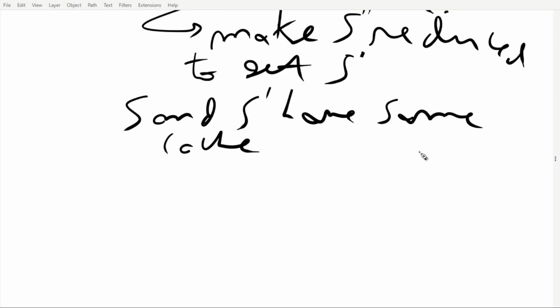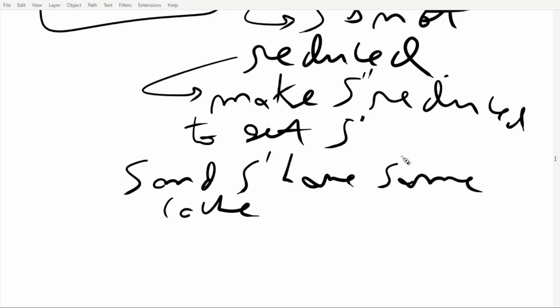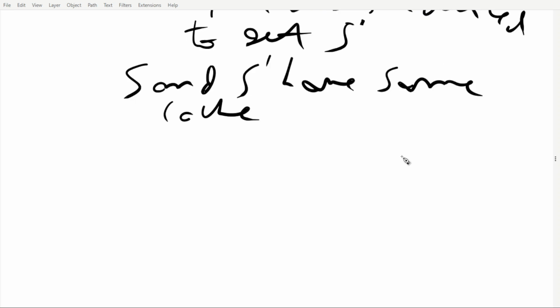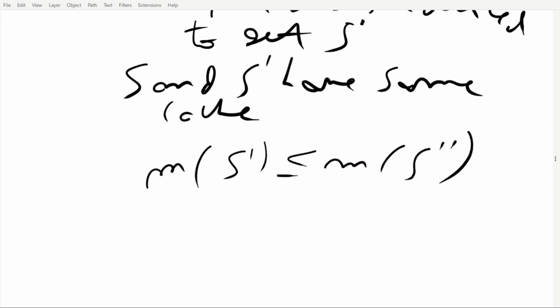And also if we compare the number of misses, the number of misses of S prime is at most the number of misses of S double prime.